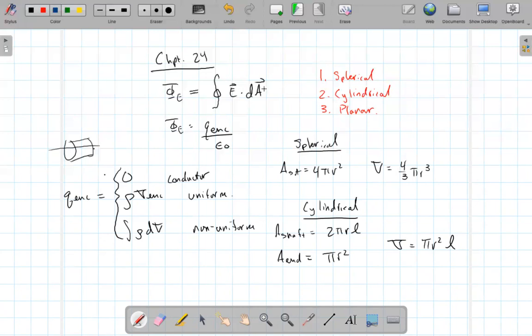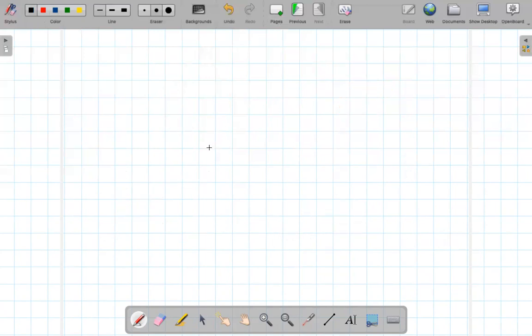So in that case, this is just going to become E times the surface area, which again means most of the complication is going to come from Q enclosed. So that's about it. So that's all of Gauss's law. Not too much in Gauss's law. All we did was pretty much get applications of Gauss's law, as well as try to understand what we were actually doing. So finally, that brings us to chapter 25.